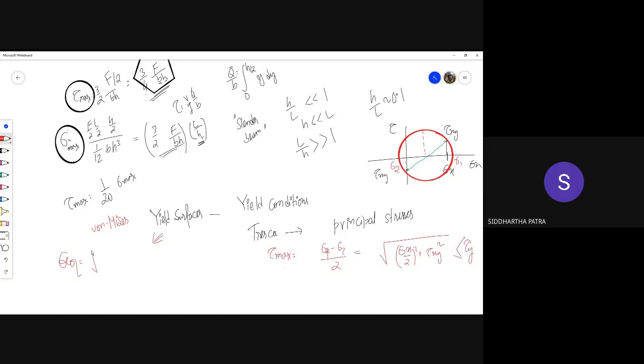So over here it is simply one by 2, so sigma x is non-zero, sigma y is 0, and sigma z is 0.